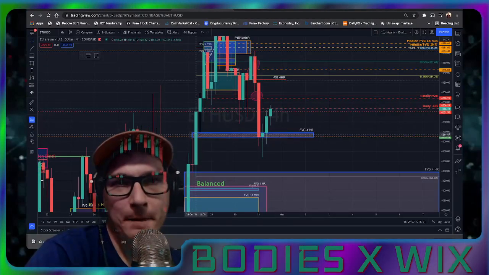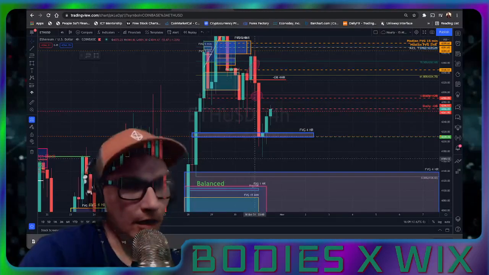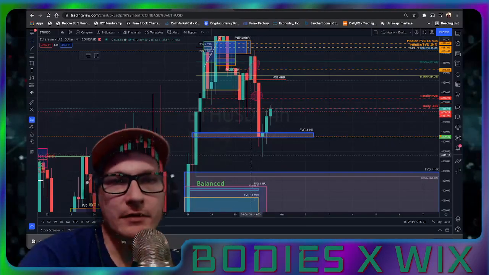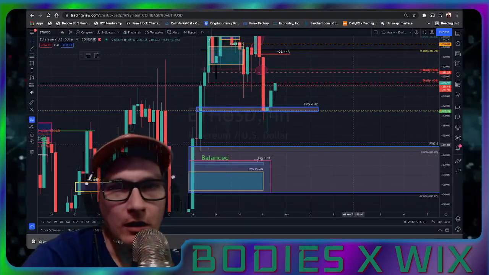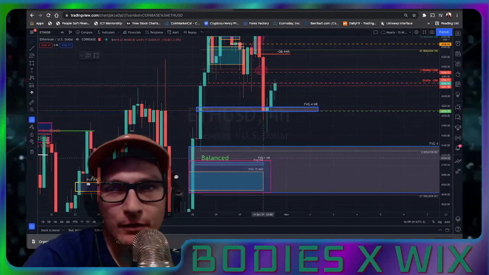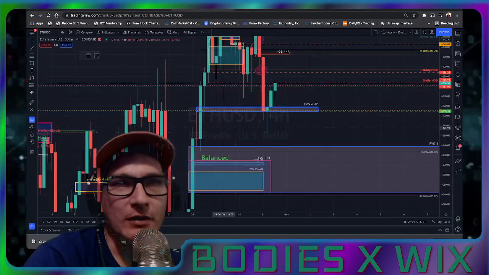Now there are different fair value gaps happening on multiple time frames, right? So just like down here, I marked them all out: 4 hour, 1 hour, 15 minutes, just in case it was going to fall all the way back down here.